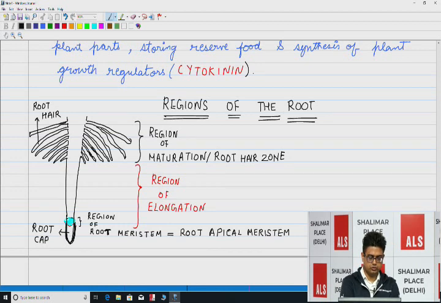Alright, so there are other types of root modifications also that we need to discuss after this. I guess you have finished by now.